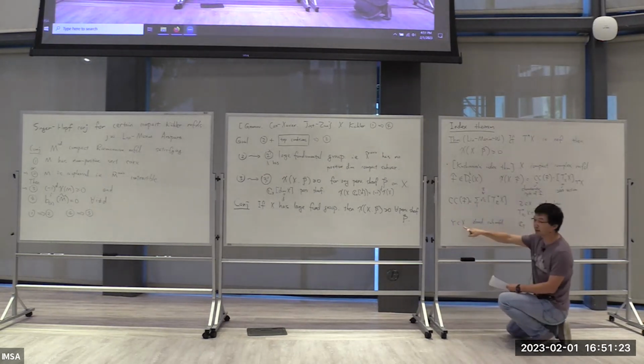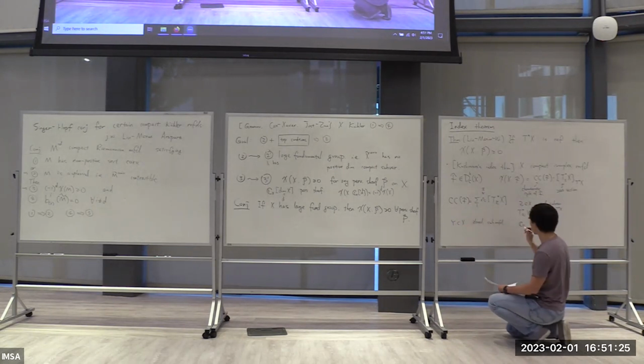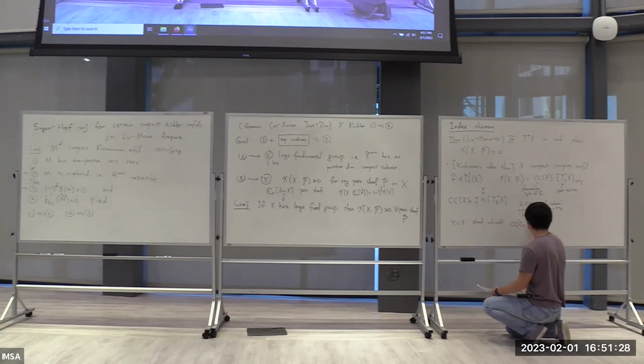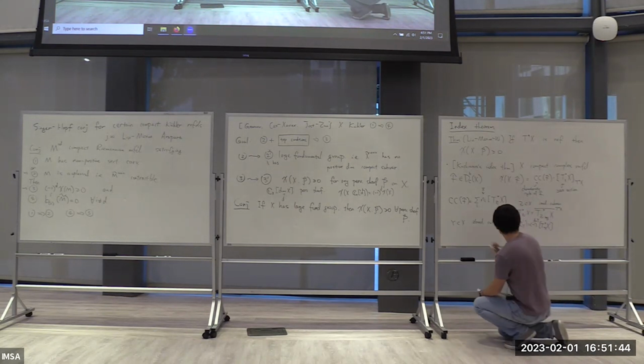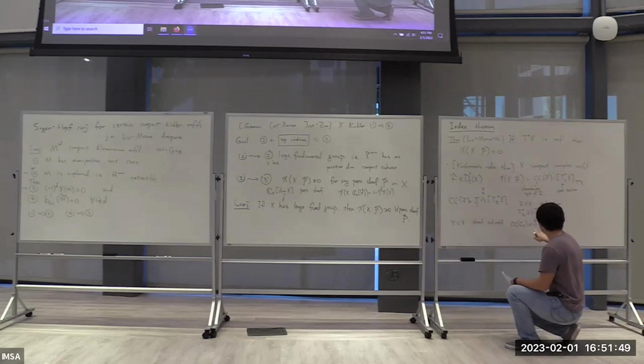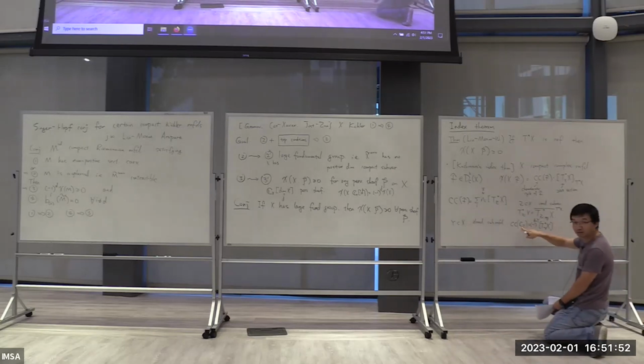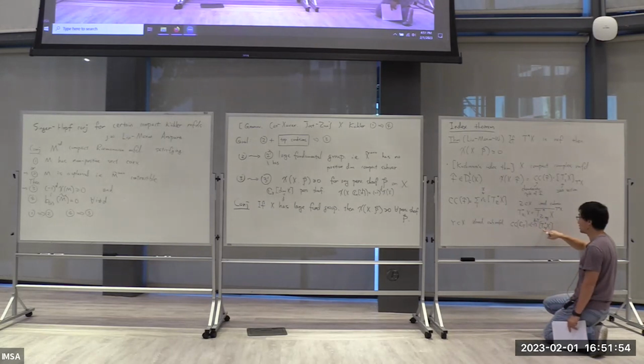I can think of this as a constructible complex on X. And then if I take the characteristic cycle, I will get exactly the conormal variety of Y in X, but with a sign, which will be (-1) to the dimension of Y. So in particular, if Y equals X, the characteristic cycle of the constant sheaf will be the zero section up to sign. The sign will be (-1) to the dimension of X.